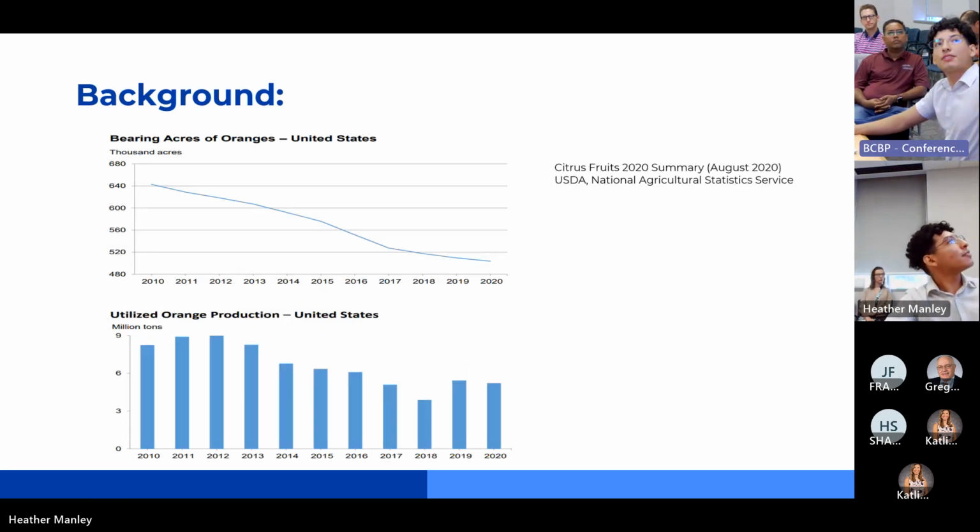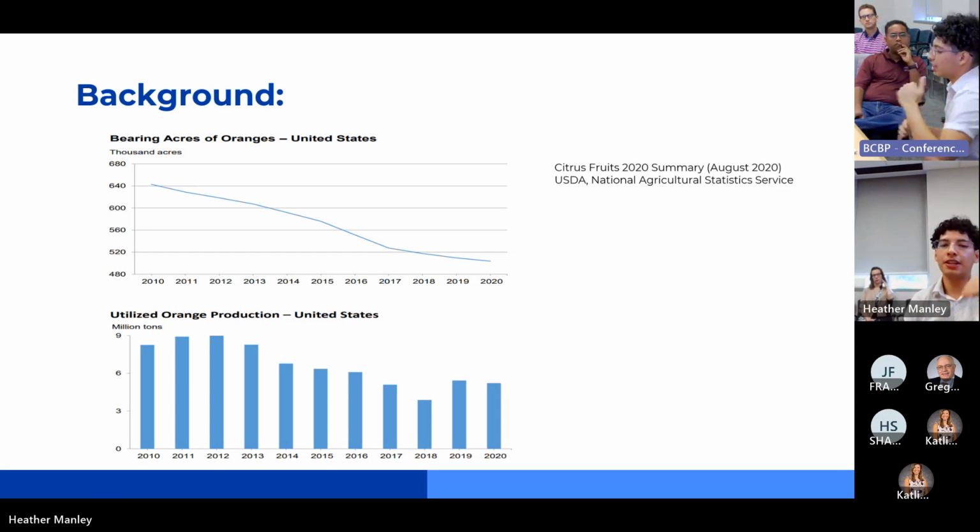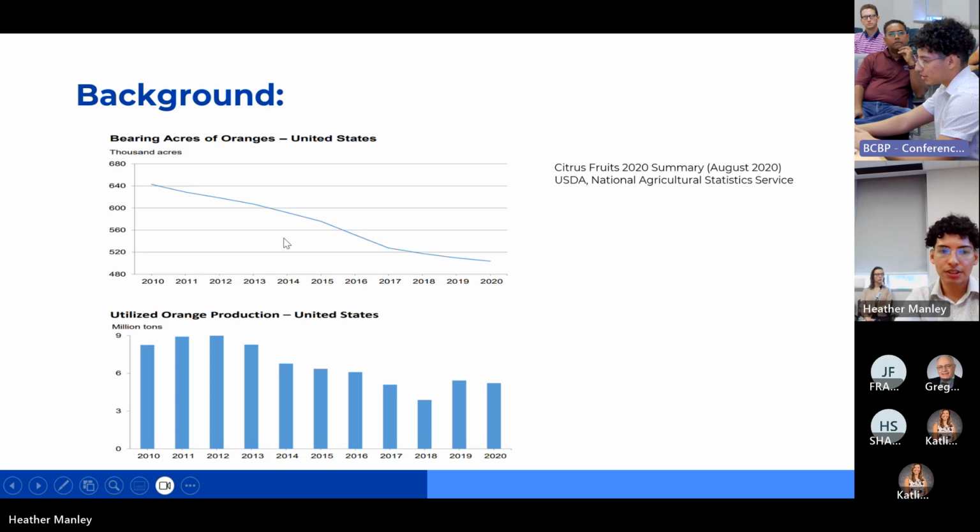A little bit more graphs that I've implemented here. This is just another visual, how we see that over the years, the decline in orange production. Specifically, orange is the one that I chose because it had the most visual decline. So over the years, as of 2010, we can see that thousands of acres, about 400,000 acres of citrus plants, specifically oranges, were on a decline as of 2010 to 2020.